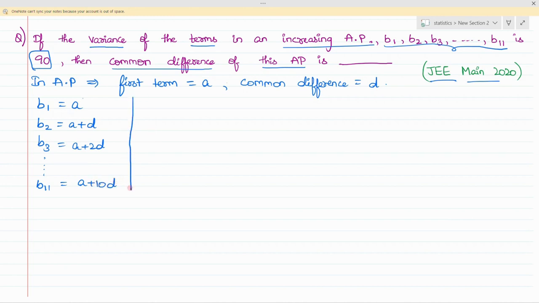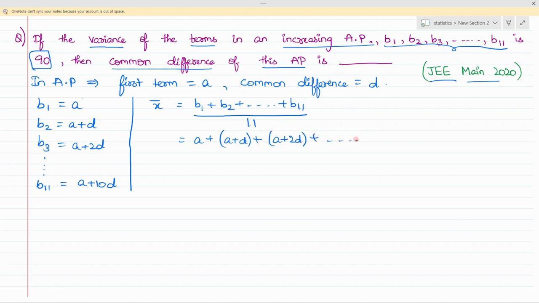So first, let us find the mean. That is x bar is equal to sum of all the terms, that is B1, B2, so on till B11 upon total number of observations, that is 11. So this can be written as B1 is nothing but A, B2 is A plus D, next A plus 2D, so on till A plus 10D upon 11. Now this A occurs 11 times, so it becomes 11A.